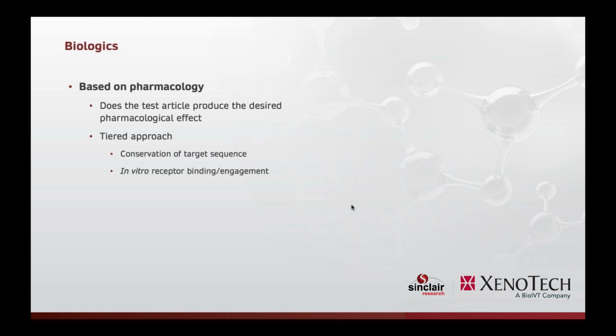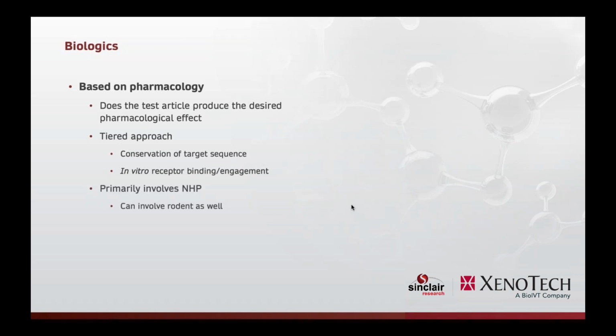Using the conservation as a first tier approach, then after that, if it's fairly conserved, you can look at in vitro or in vivo receptor binding and engagement. So say there is a decent amount of conservation in rat, well, does that mean that my test article will bind and actually elicit the desired effect? Yes or no? These are things that you do before you start doing any type of non-clinical animal studies.